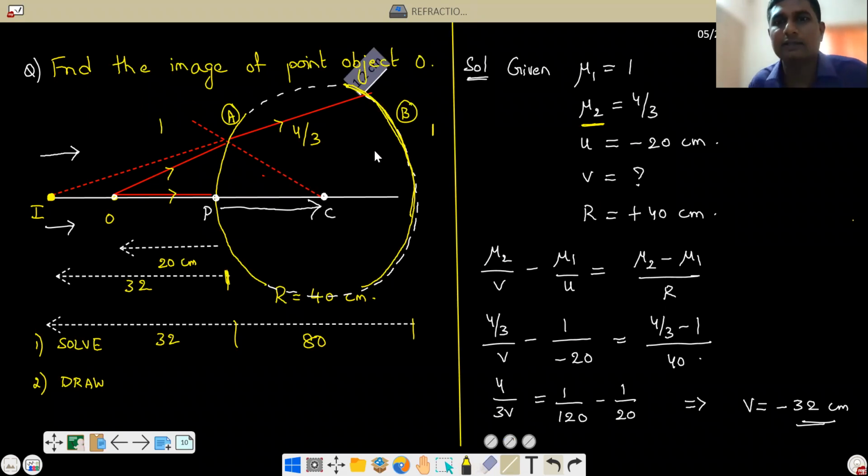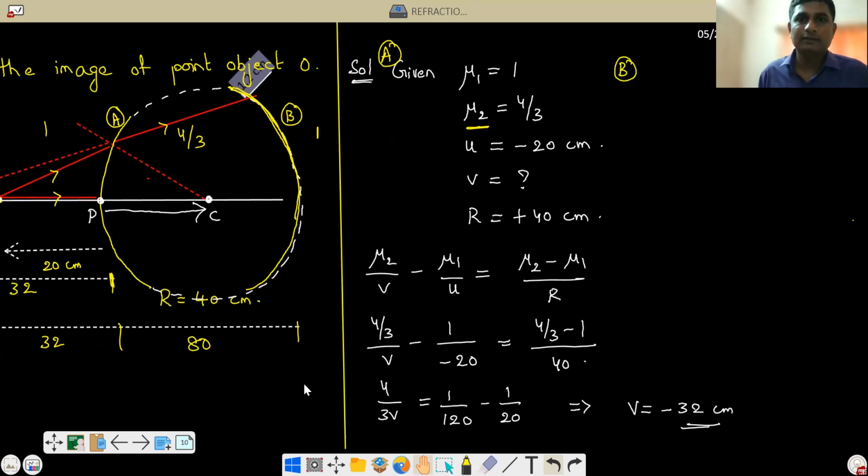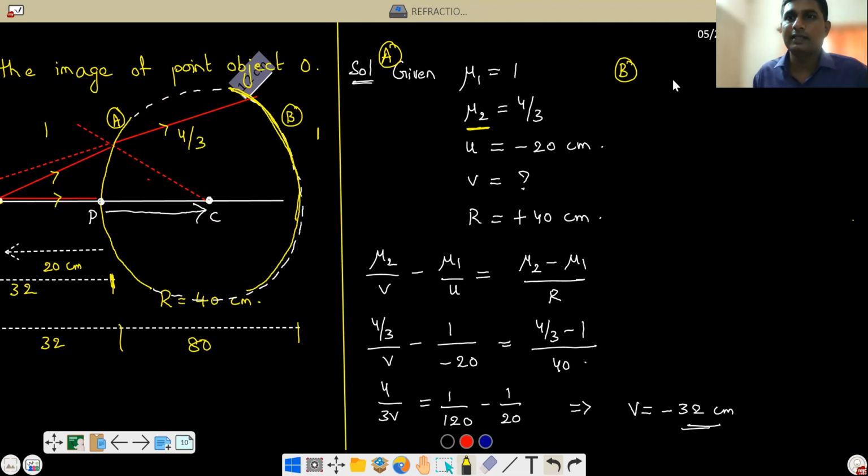So again, you have to calculate. Do the same procedure, but only thing is, now for surface B. Now for surface B, again mu1 is equal to 4/3. Why is mu1 4/3? Because for this surface B, this is the incident ray, and the refractive index of the medium in which the incident ray is present is 4/3.